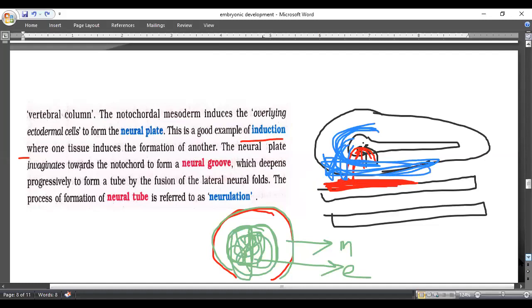In the meantime, the skeletal element notochord should be replaced by the skull and vertebral column, and that should enclose the nervous system. The blue one in this diagram is the nervous system. Slowly the neural plate invaginates inside and develops into the brain and spinal cord. In the meantime, the red one, the mesoderm, develops the skull and vertebral column.